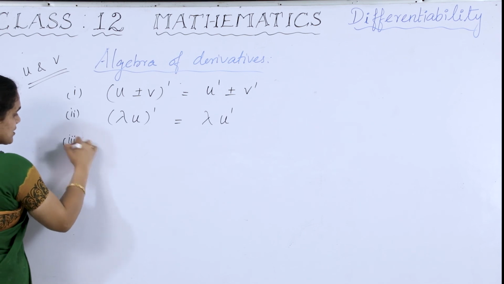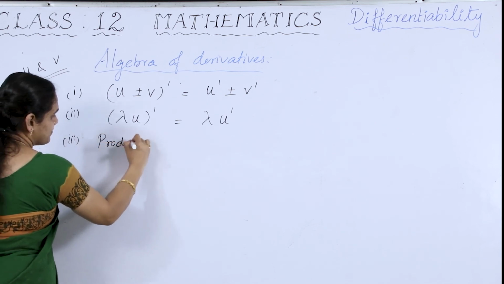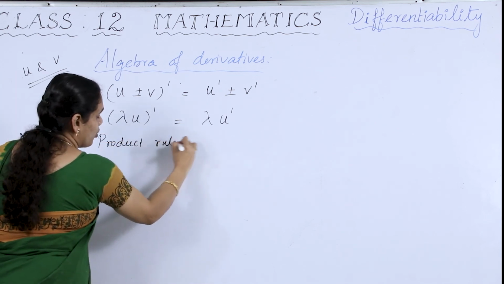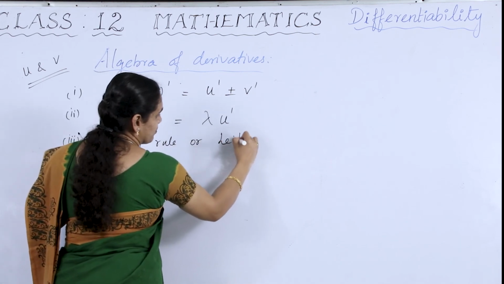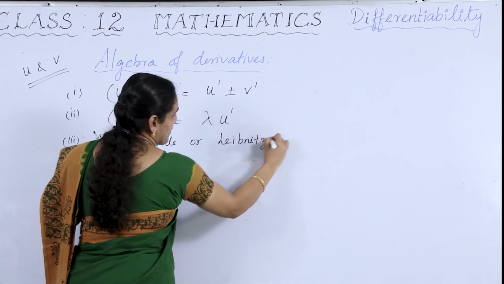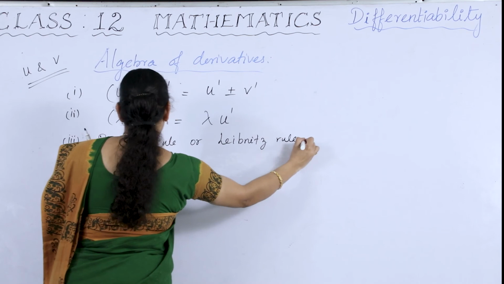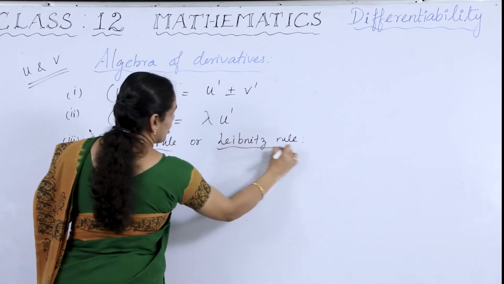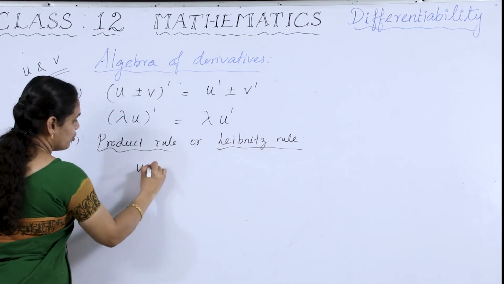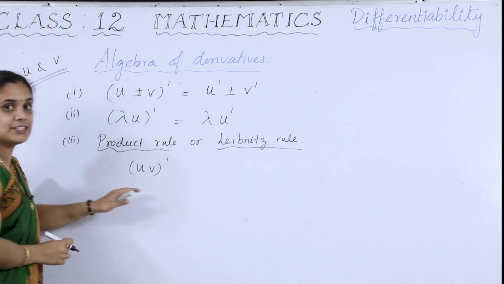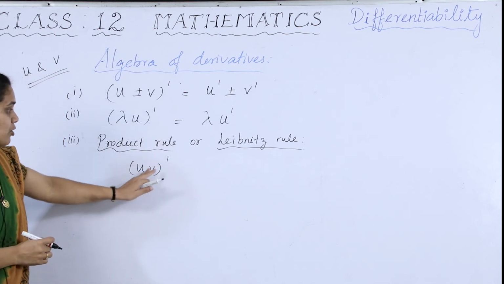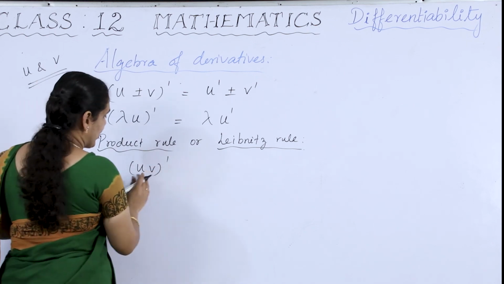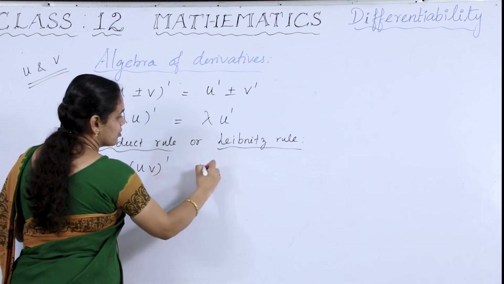The third one is the product rule or Leibniz rule. It's the name of a mathematician. Product rule or Leibniz rule is (uv) whole dash. When there is a product of two functions, how should we find the derivative? It is not equal to u dash v dash.